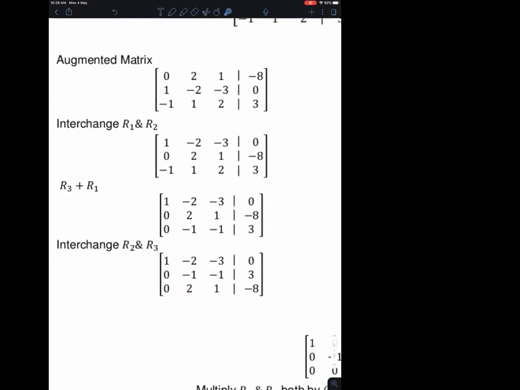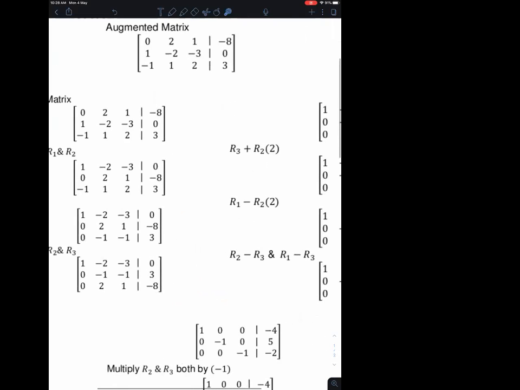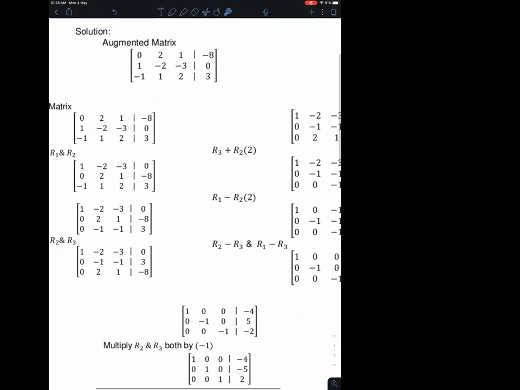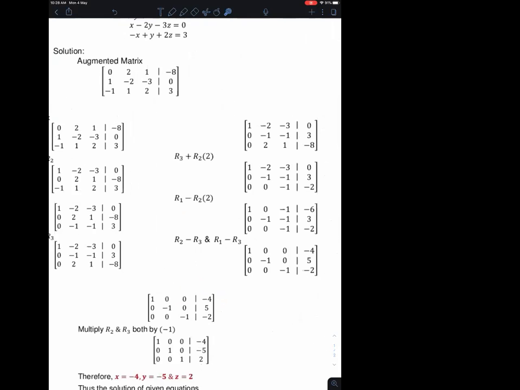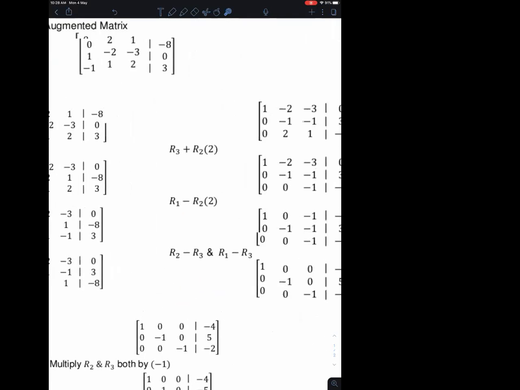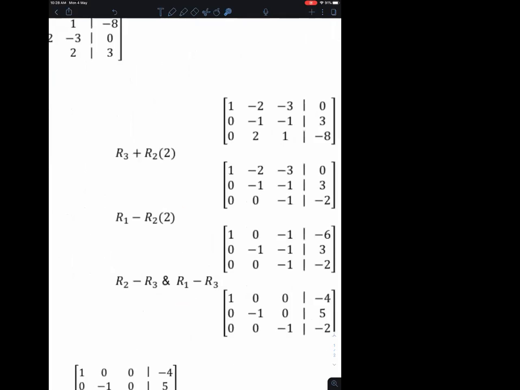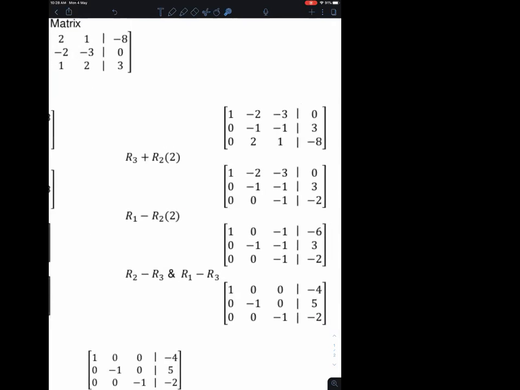The reason for doing that is because after doing that, you can just simply add to row 3 2 times the row 2, and that will give you a 0. This is the same matrix that you saw on the side. I'm just bringing it up here.